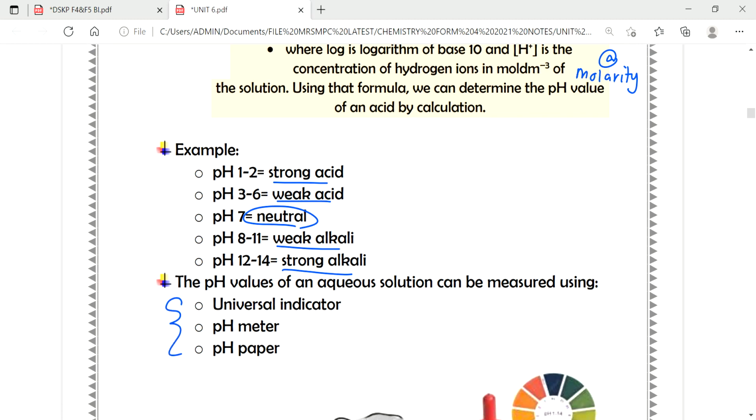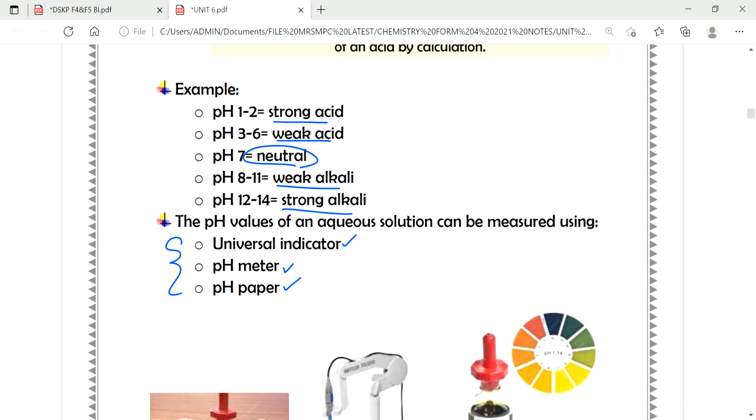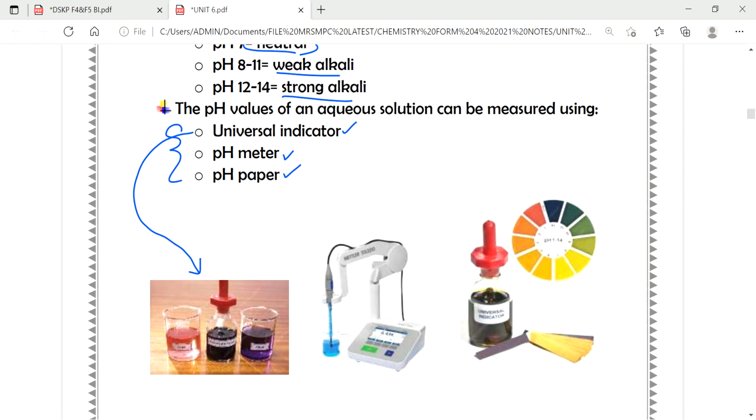We have ways to obtain the pH value. A universal indicator, pH meter and pH paper can be used to determine pH value. So what do they look like? The universal indicator is in the form of a solution. Say we have a colorless solution and we do not know whether it is acidic or alkaline. So we test it: we add a few drops of universal indicator, and the indicator will turn the solution into a color.